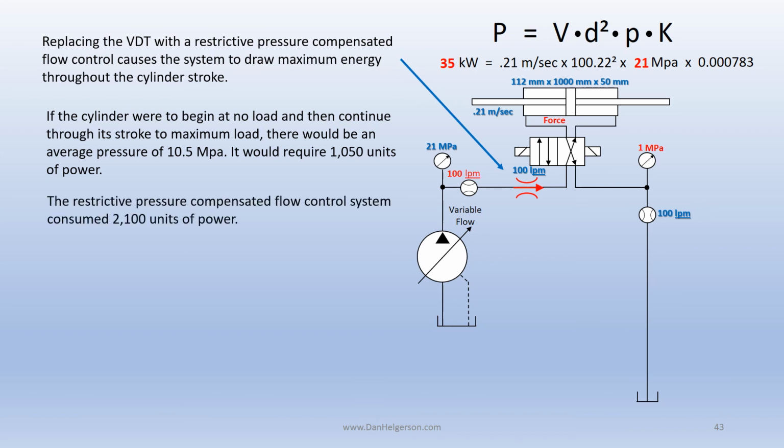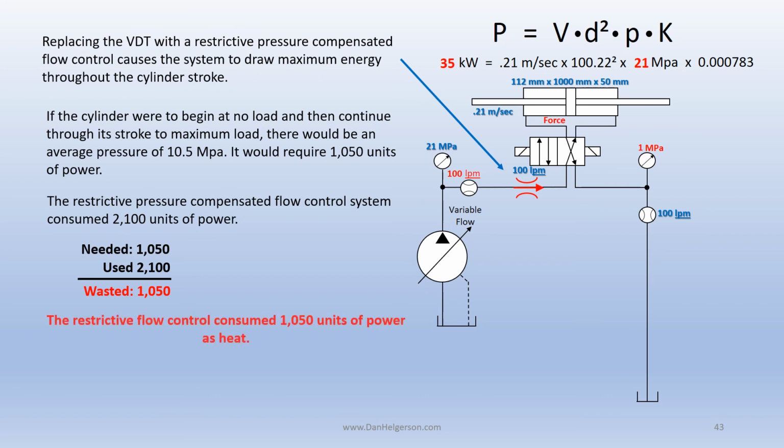The restrictive pressure compensated flow control system consumed 2,100 units of power. We needed 1,050. We used 2,100. That means we wasted 1,050 units of power. The restrictive flow control consumed 1,050 units of power as heat. The VDT provided a 50% energy savings.